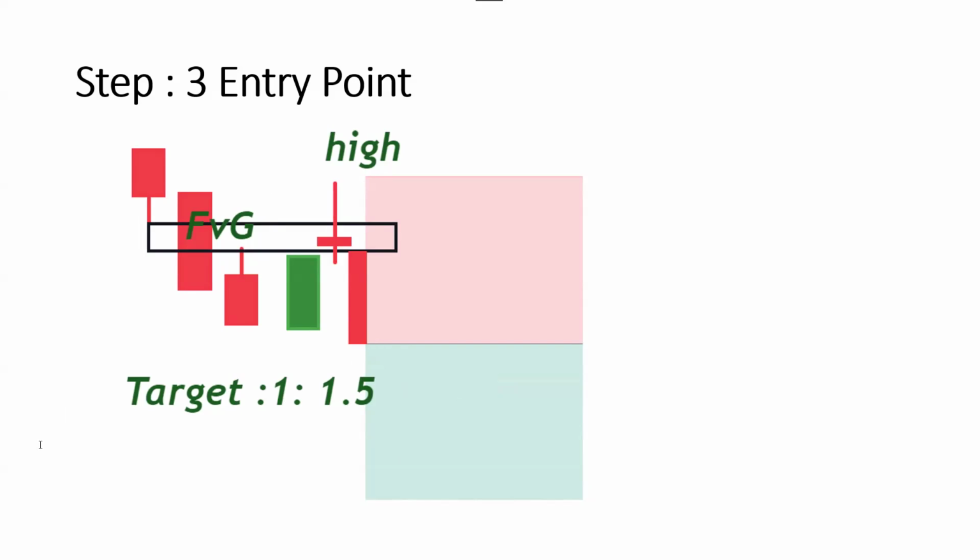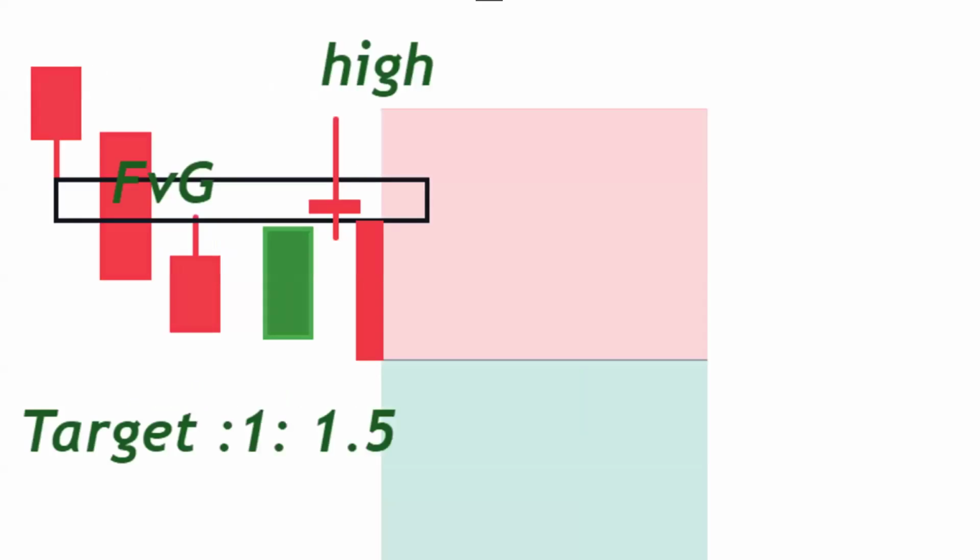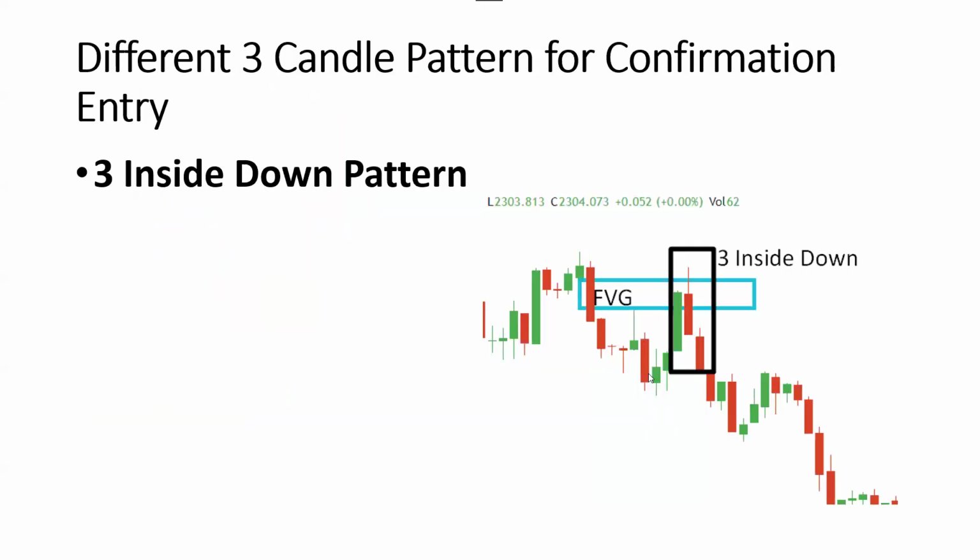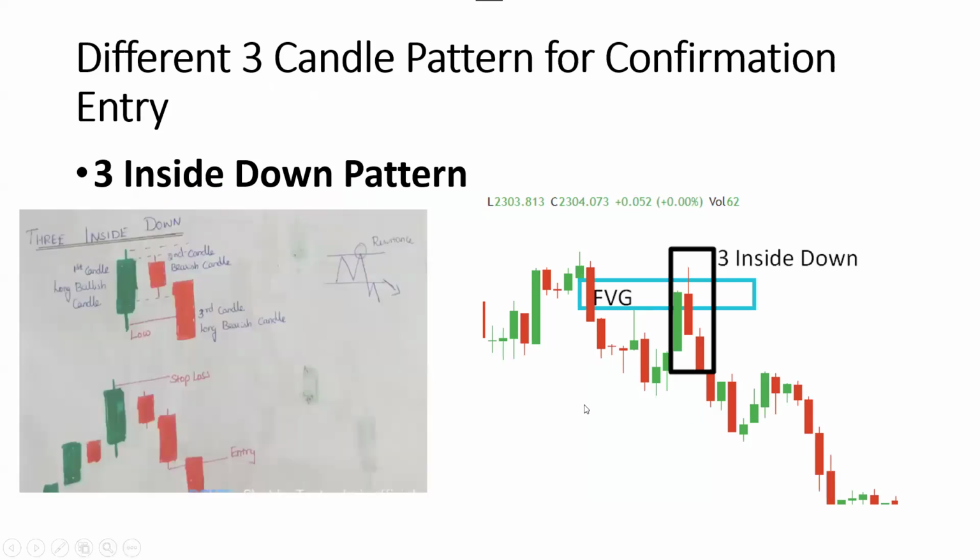I will give you this step by step. What are the 3 candle patterns we can use in the market to make our entry? Let us see. For this fair value gap, we are making an entry. We have to look for these kinds of three candle patterns. The first 3 candle pattern is in this area. You see, it is a 3 inside down pattern. I have shown here which 3 candle pattern you should take.